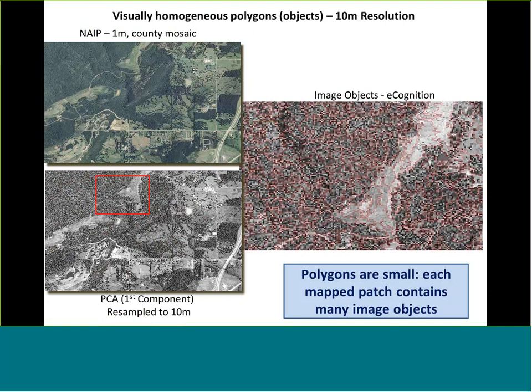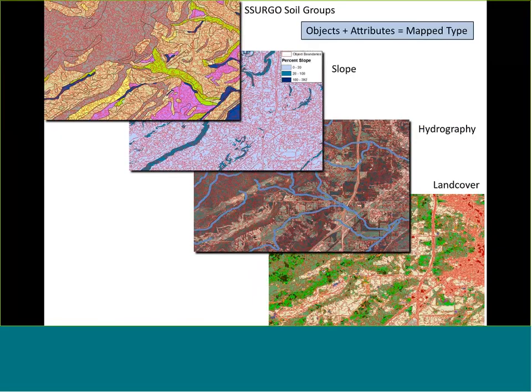So now we have the land cover and we have the image objects, and we have the abiotic variables. And the abiotic variables, these little red lines here represent image objects, and the abiotic variables included soil groups, which are from the county soil surveys, percent slope, information from hydrography, and land cover.